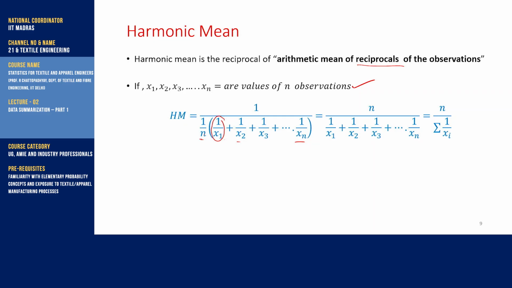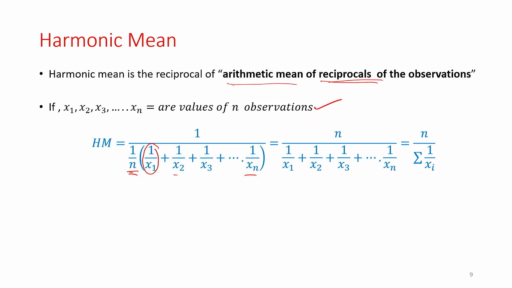So we divide by n. This arithmetic mean of the reciprocals is the denominator. Now the reciprocal of that is the harmonic mean. Therefore, 1 is coming in the numerator and the entire arithmetic mean of reciprocals is coming in the denominator.